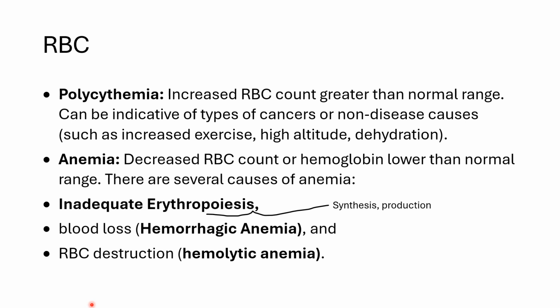The second reason can be blood loss. This is known as hemorrhagic anemia. And the third reason can be RBC destruction. The body is making RBCs, but due to some pathological process, those RBCs are being destroyed. This is known as hemolytic anemia.